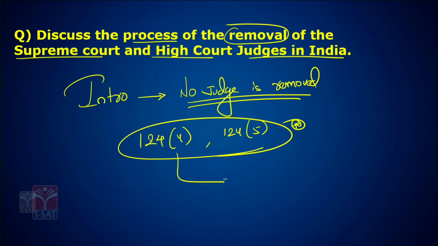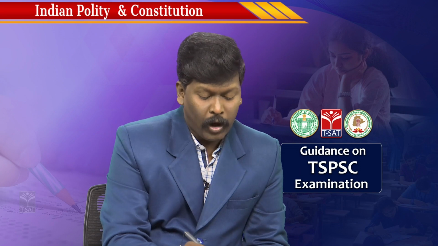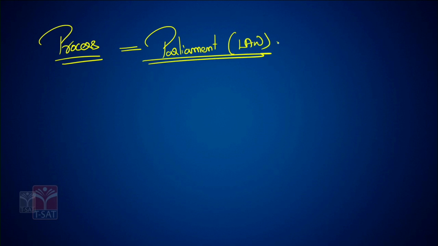This process of removal of judges of the Supreme Court is taken from the US Constitution. The process to remove a judge shall be given by a law made in Parliament. Parliament should come up with a law to deal with the procedure to remove the judges.